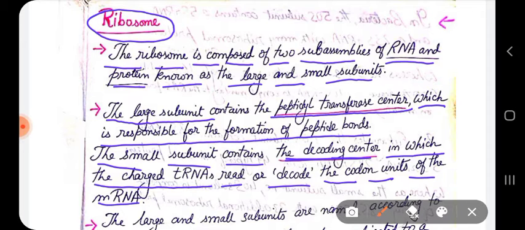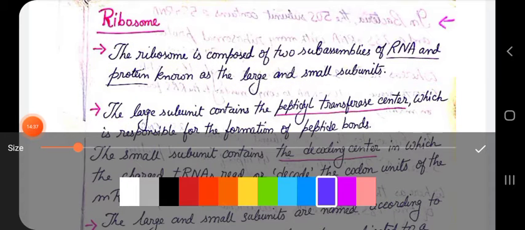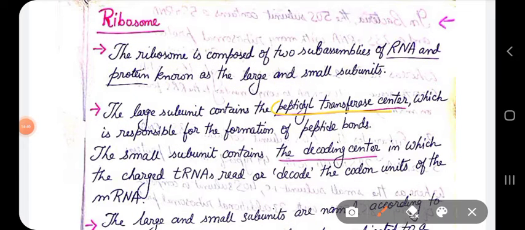The small ribosomal subunit has a decoding center. Within the decoding center, the charged tRNA will come and bind and will read, or you can say decode, the codon units of the mRNA. So two important things we have seen, the peptidyl transferase center and the decoding center, right?